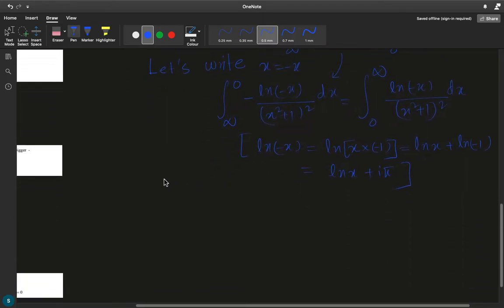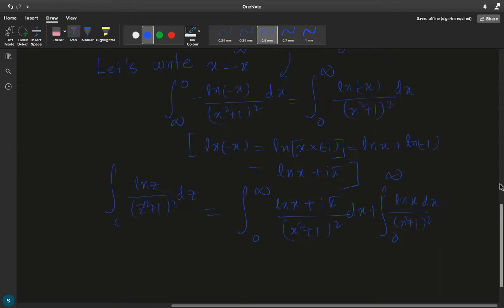The contour integral of ln z by (z square plus 1) whole square is equal to the integral from 0 to infinity of (ln x plus iπ) by (x square plus 1) whole square dx, plus the integral from 0 to infinity of ln x by (x square plus 1) whole square dx. Alright, so this is the value we can write.